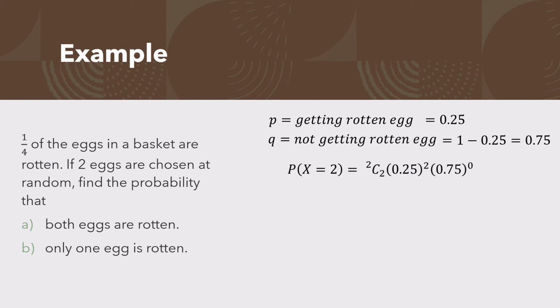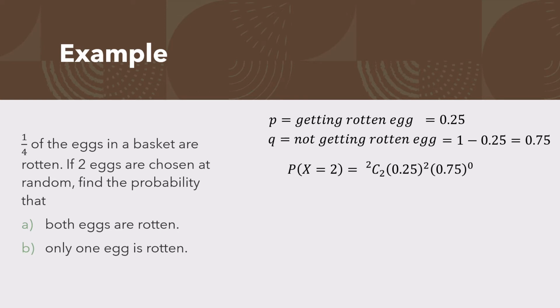So if we want to know the probability of both eggs being rotten, the number of successes is 2, while the number of trials is also 2 because we pick 2 eggs.